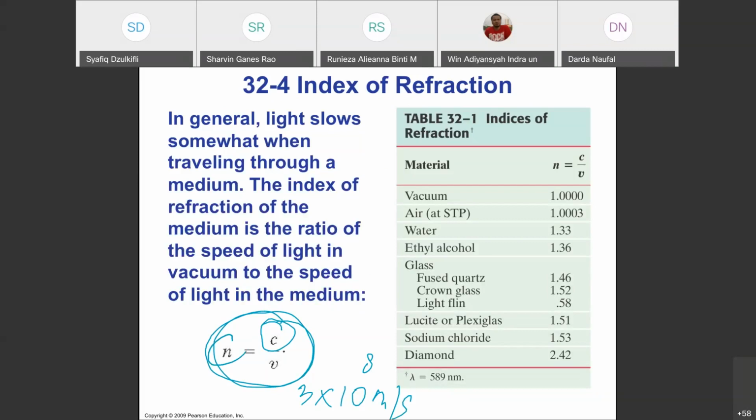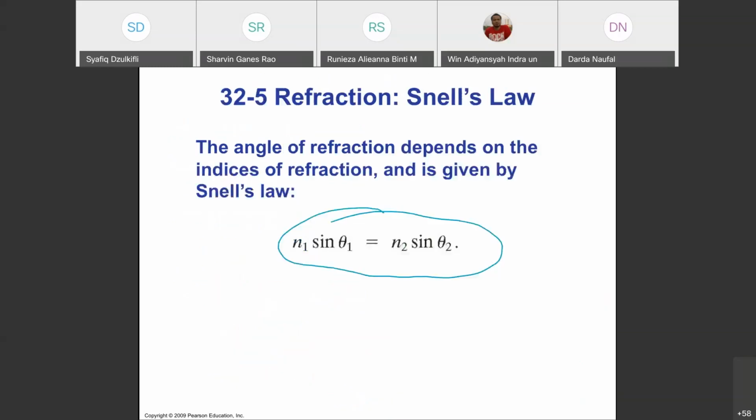But don't worry, this usually will be given in the question or on the table. So this is the n for different materials, the index of refraction. Okay, so this is the formula. We'll go through the questions next week perhaps, or during the tutorial time.